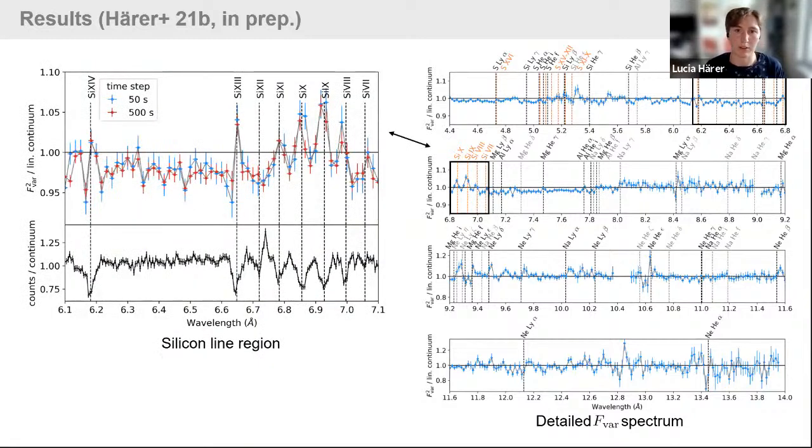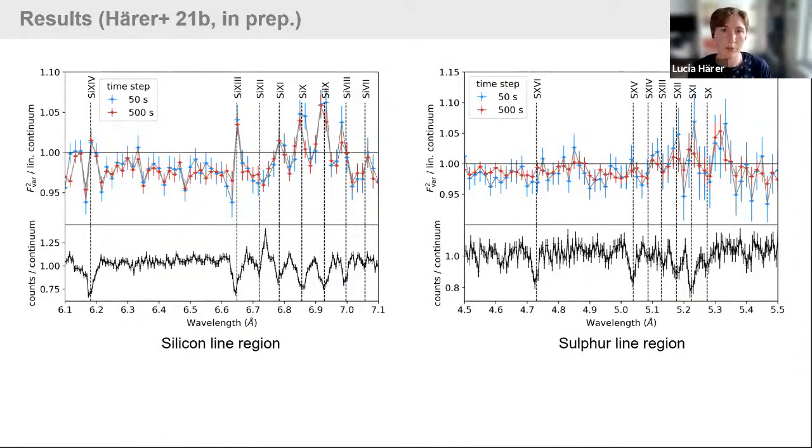Let's look at this region in a bit more detail. Plotted below is the count spectrum for comparison, and there you can see that the spike and line positions really match well, and that their strength matches the strength of the spikes.